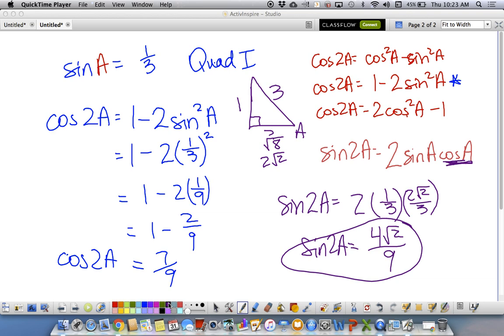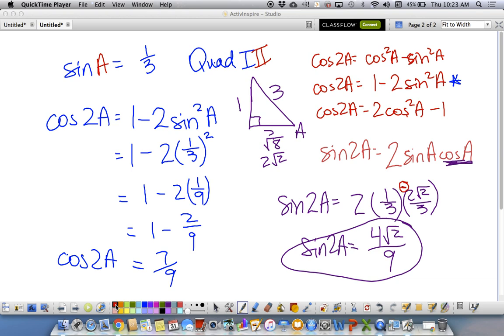If this had been quadrant 2, sine A is positive, and the cosine would have been negative, because sine is positive in the second quadrant and cosine is negative. But sine 2A would have been negative.